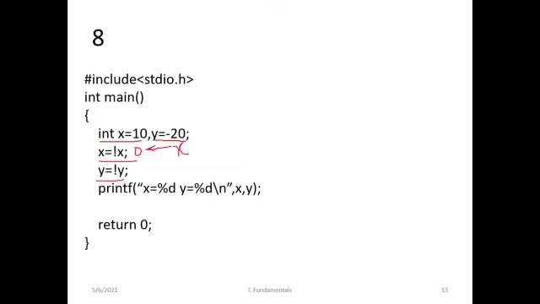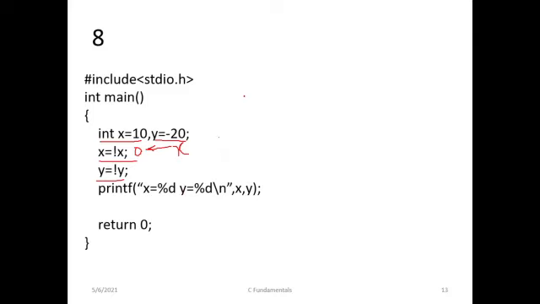And here y is not y. Now y is minus 20. Can we take the not operation for a negative value? This is a confusion, right? No need to get confused. It is very well possible. As far as any integer is concerned, the relational operator treats it as a non-zero value or a zero value, truth or falsity.